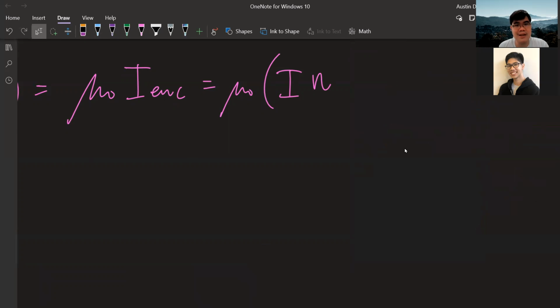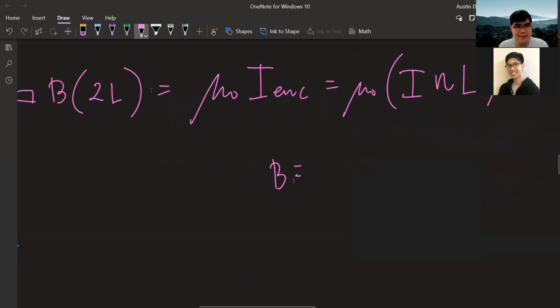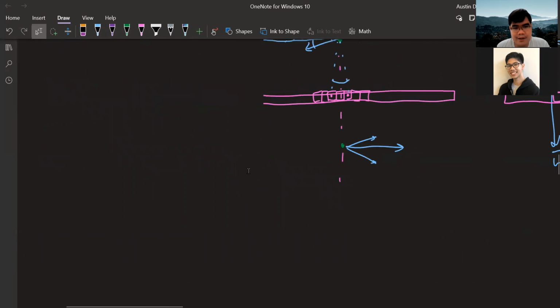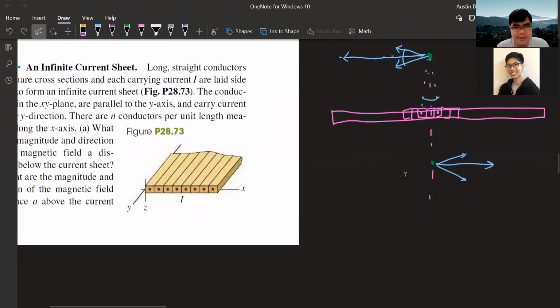And since it's per unit length, I multiply it by the length, which is L. Okay? Therefore, isolating B, our magnetic field is mu naught I n over 2. Okay, L cancels. So therefore, my magnetic field above is going to the left and below is going to the right.